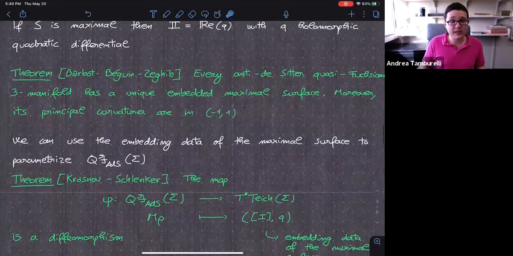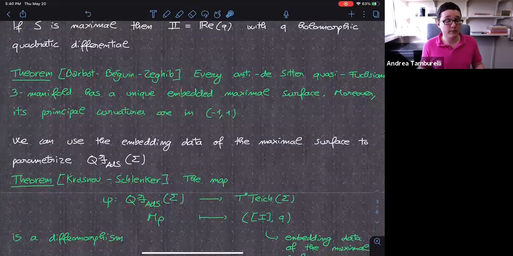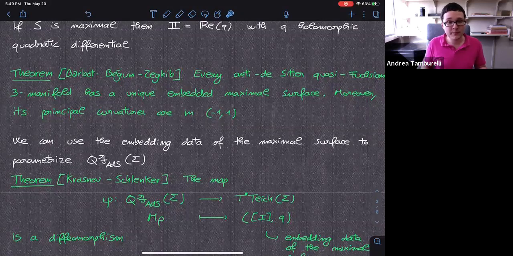Okay, so we have this general result by Barbot, Bonsante, and Zeghib that says that every anti-de Sitter quasi-Fuchsian 3-manifold has a unique embedded maximal surface, and moreover, this maximal surface always has principal curvatures between -1 and 1.